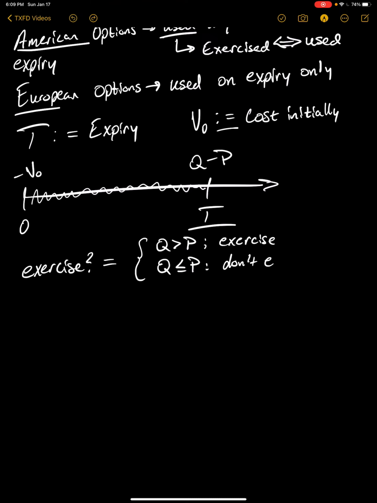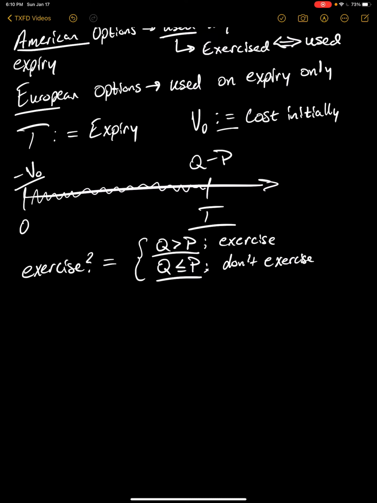Well, then the contract just goes away. We don't get any payoff, and the person that sold it to us keeps the initial cost, and good for them. If Q is less than or equal to P, there's no point in exercising and paying more money for no reason, or giving up something valuable for no reason. So we just won't exercise, and we'll take the loss. But in the case that asset Q is greater than P, then we will exercise.